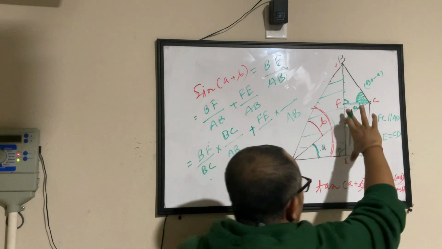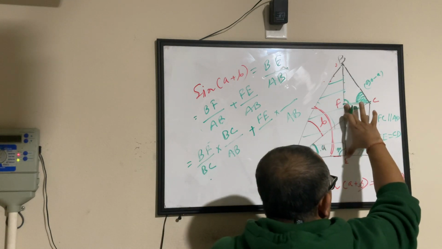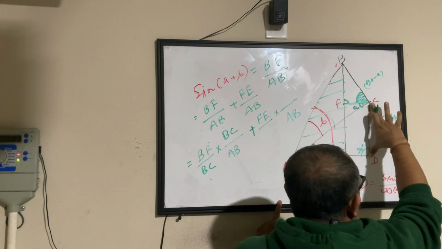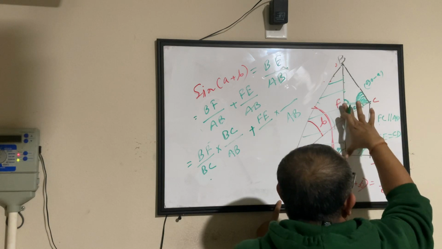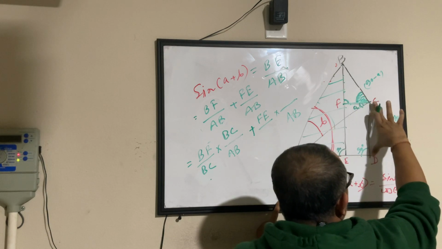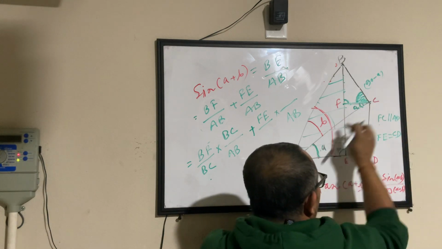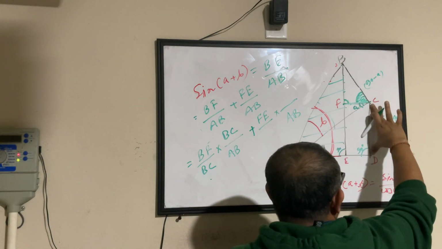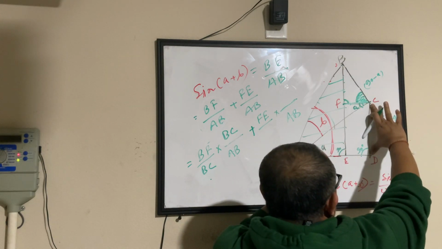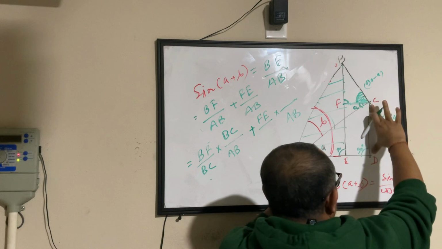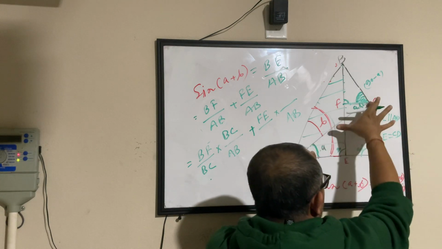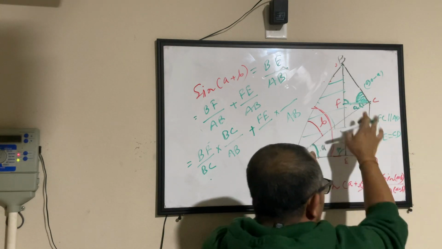Similarly, if I look at this FE and extend it till here, my FE is nothing but the same as CD. Now I can relate it with this triangle. I got this side and I know this angle, so I can use this side and the hypotenuse of this right angle triangle to get some sine cos value.